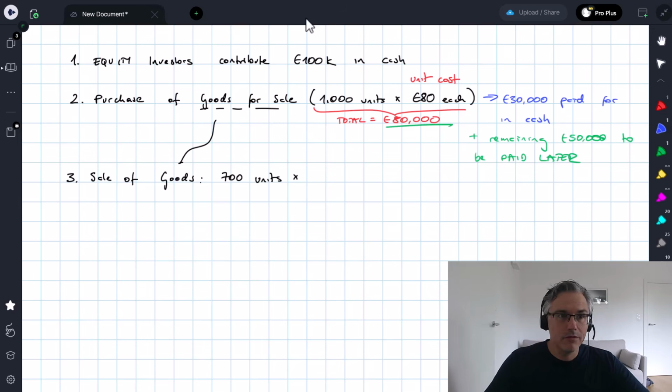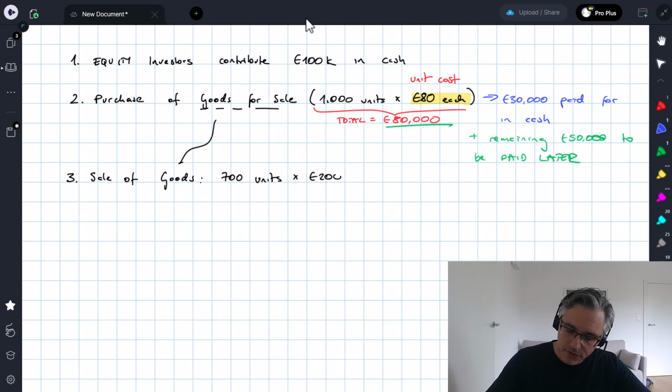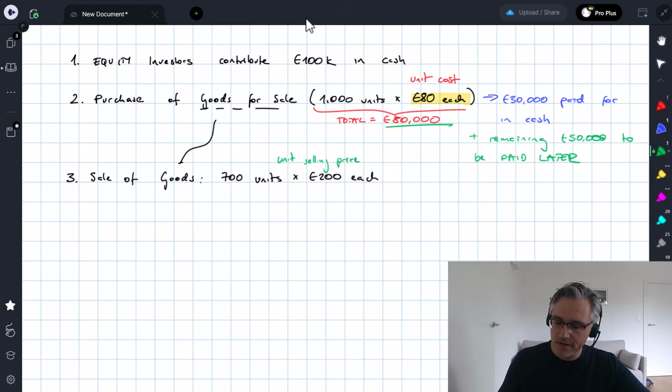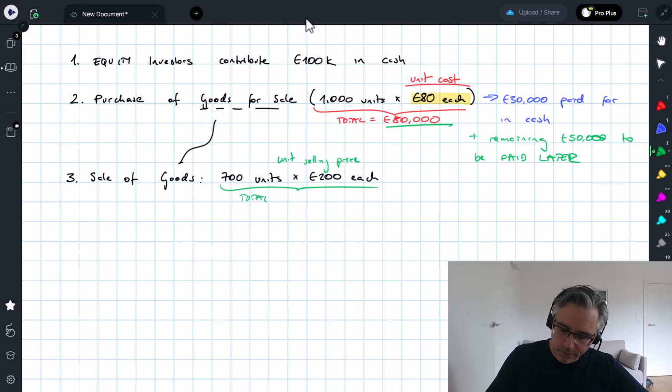And those will be sold at a profit, because 80 was the unit cost at which the stuff was purchased. But I'm going to assume we sell these things for 200 each, a unit selling price of 200. And once again, it may be helpful to compute the total. 700 times 200 will give 140,000 euros.